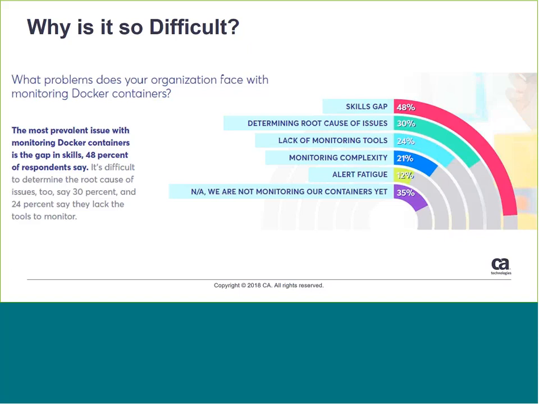It's hard to pinpoint whether the problem is coming from the container, the underlying infrastructure, the host, or the application itself. It's not good enough to monitor just the container; you have to monitor all of those connection points inside that environment to understand where the root cause is coming from.